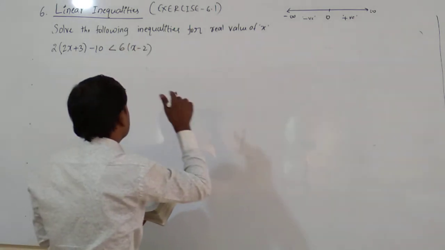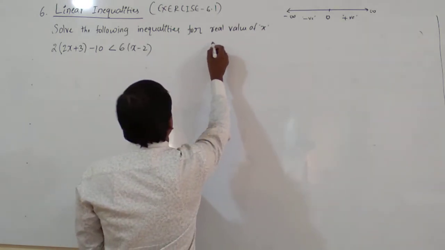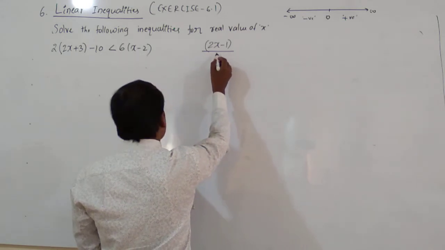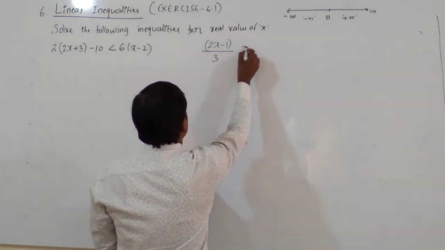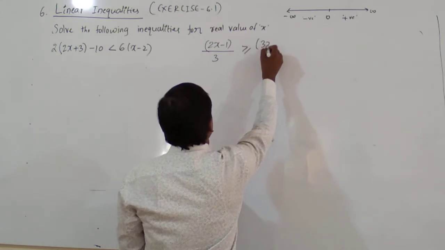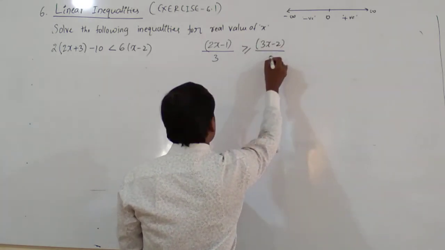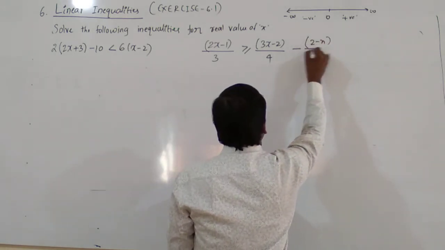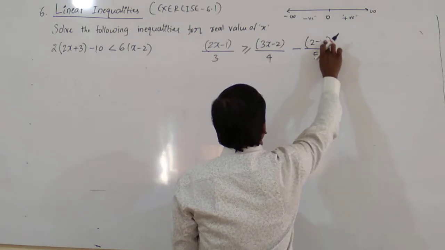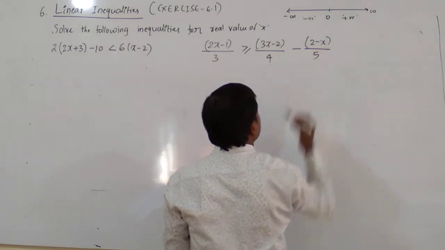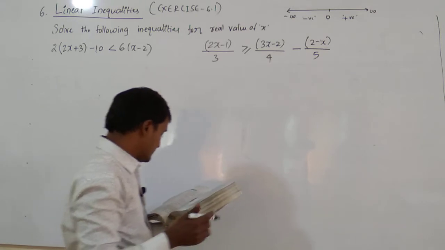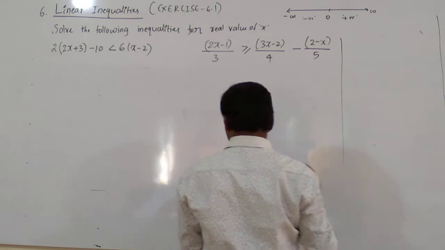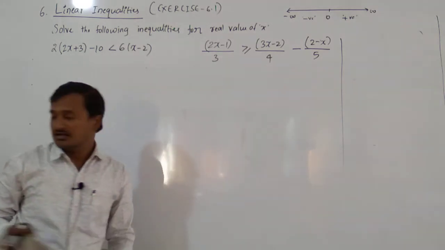And one more: 2x minus 1 divided by 3 which is more than or equal to 3x minus 2 divided by 4 minus 2 minus x divided by 5. First I will solve this and later I will give the homework.